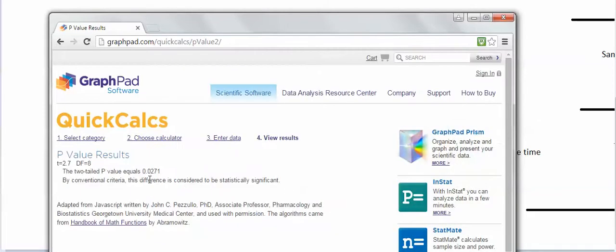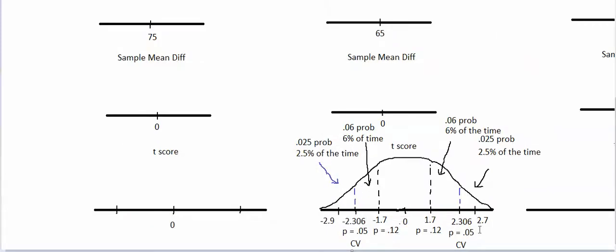My new t-score has a p-value of 0.02, or it actually rounds up to 0.03, so I'll say 0.03. So the t-score of 2.7 has a p-value of 0.03. And if that's true, then the opposite of that t-score, negative 2.7, has the same p-value.